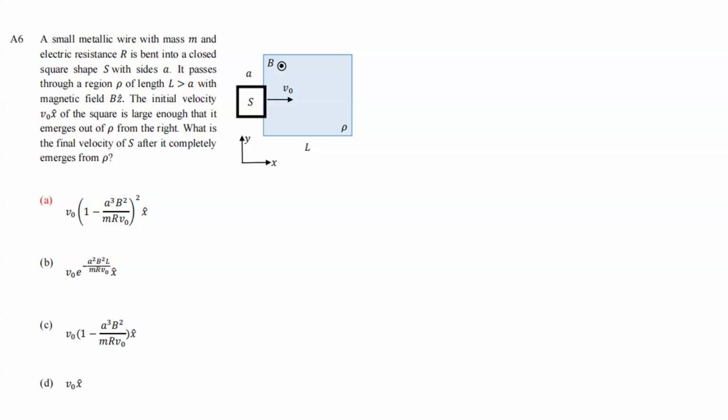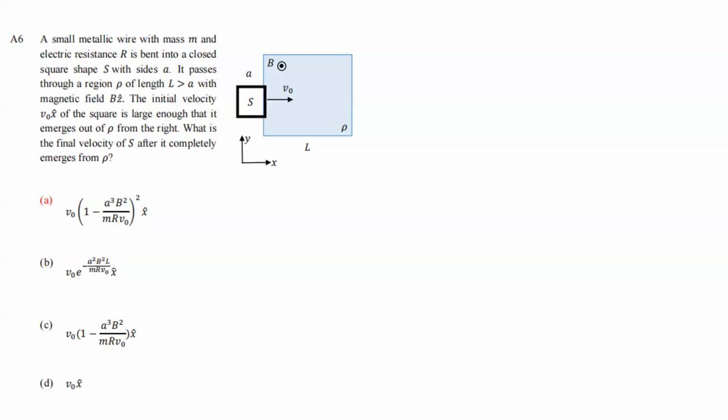In this problem, a conducting square of side A, mass M, resistance R enters and leaves a uniform magnetic field Bz. When inside the region, the area intersecting the field remains constant, so there is no induced EMF while fully inside. EMF only occurs when the loop is entering or exiting the field.